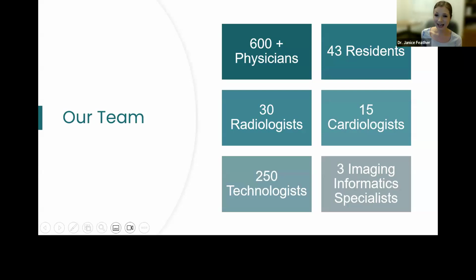So looking at our team, we have, again, over 600 physicians, and we know physician management is a little bit challenging, and then all those different specialty groups on top of it. And so we do have a combination of about 30 radiologists. It is a rapidly growing radiology group, and 15 cardiologists.